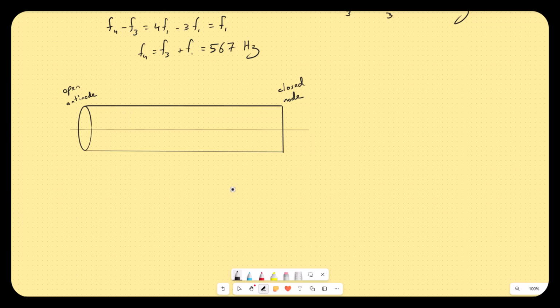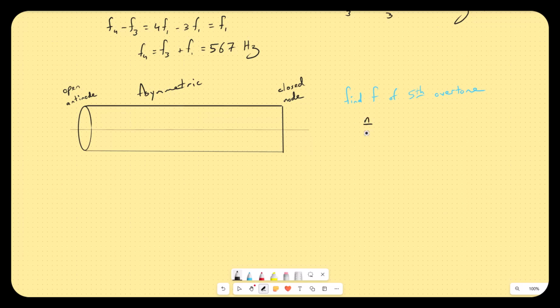Maybe I would like to find the frequency of the fifth overtone. Now I have an asymmetric case. If I have an asymmetric case, then I'm looking at odd n values.